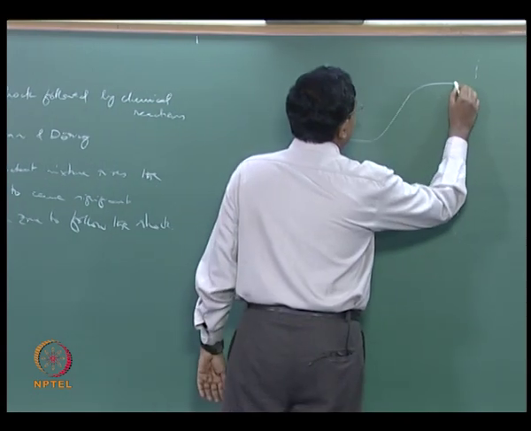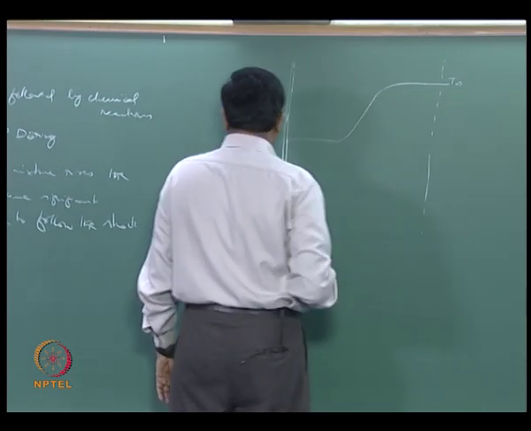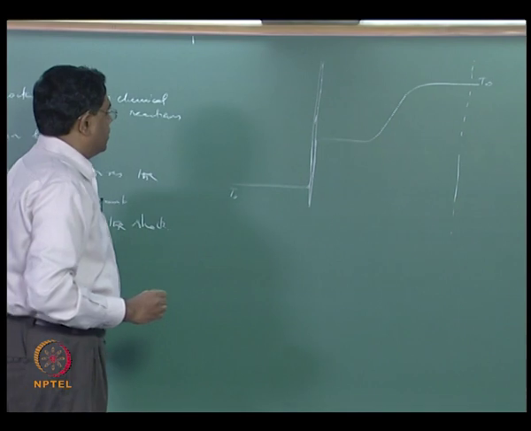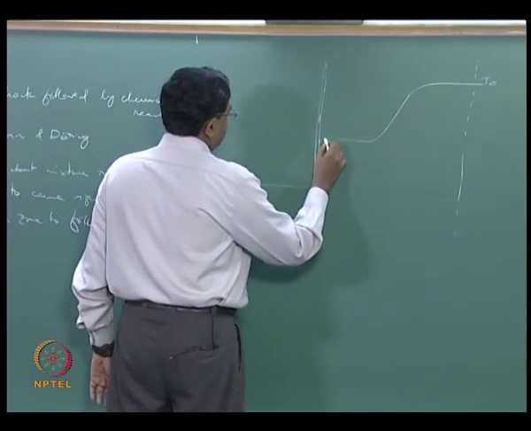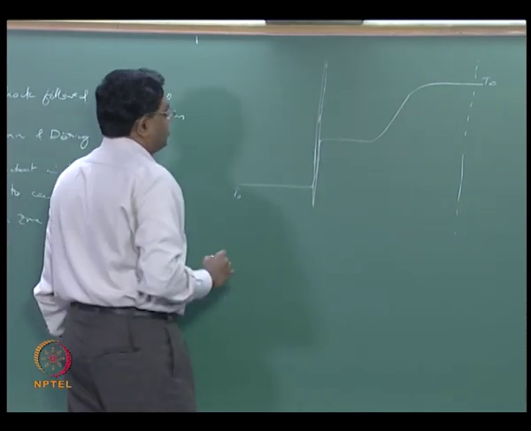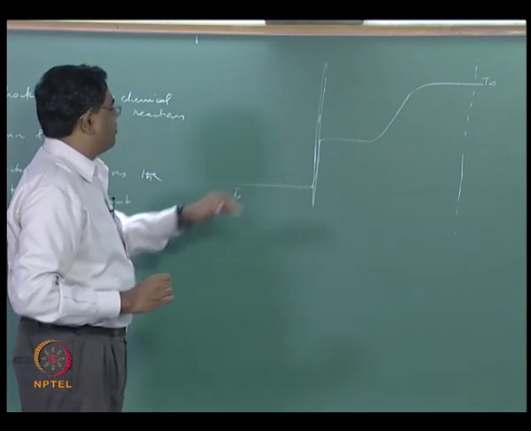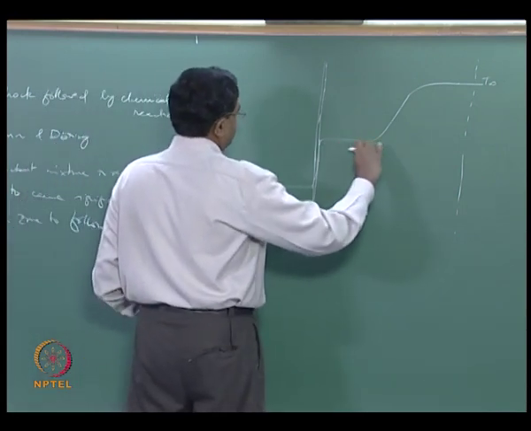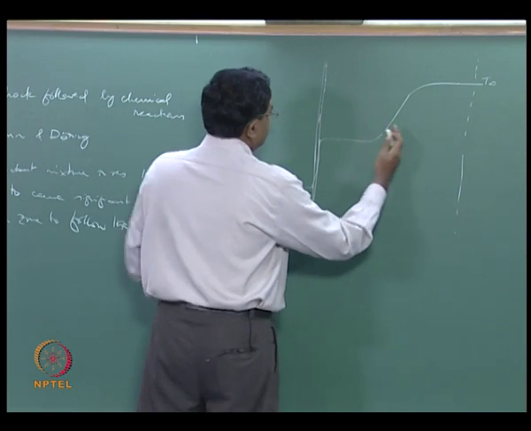So this is, for example, your T infinity there, starting from T naught, and the value that the temperature rises to just downstream of the shock is sufficiently high for chemical reactions to happen in this region.